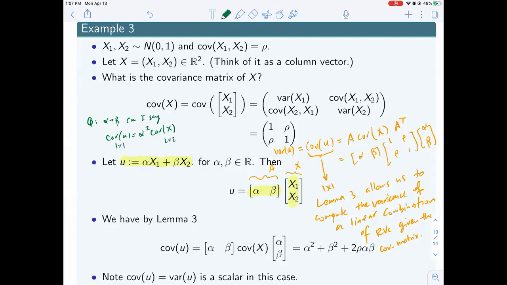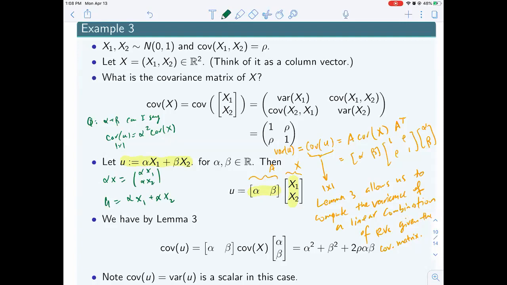Covariance of X is 2 by 2. So this can't be true. What is wrong here is that U is not equal to alpha X. U would be equal to alpha X1 plus alpha X2, whereas alpha times X would be alpha X1, alpha X2. These are two different objects. Does that make sense? Okay, thank you.